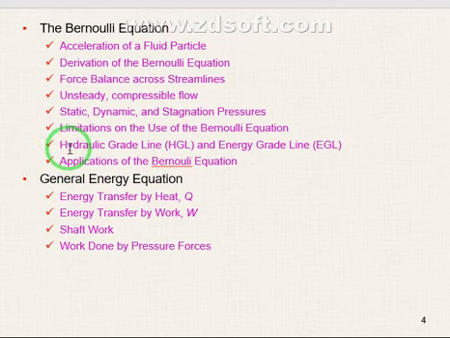We will have some examples. We need to know what the hydraulic grade line, HGL, and energy grade line, EGL, are, etc. Then we will have a quick look at the general energy equation. Okay.